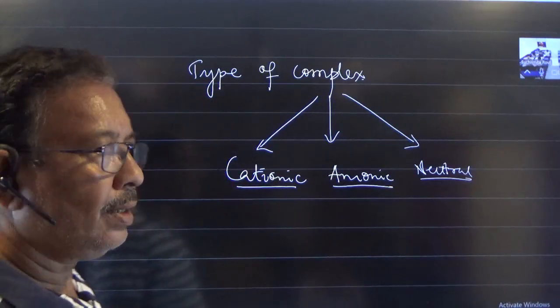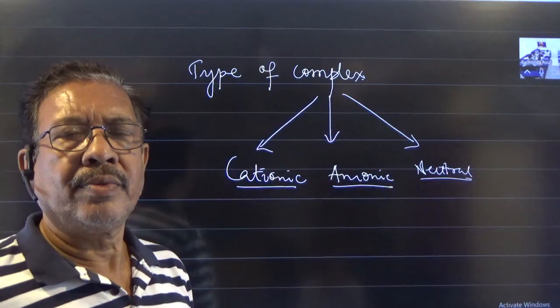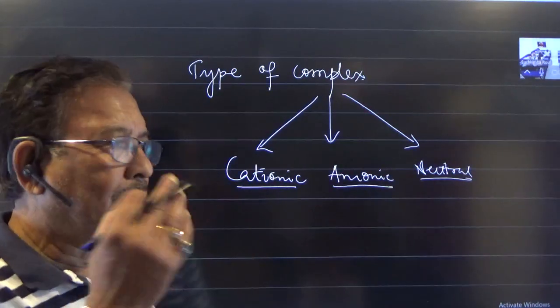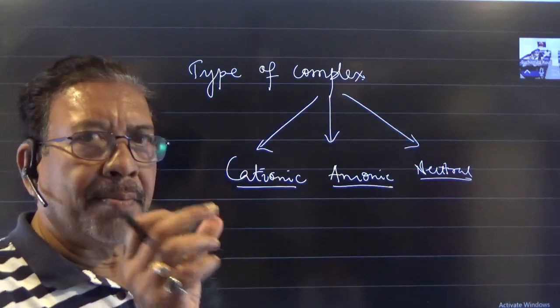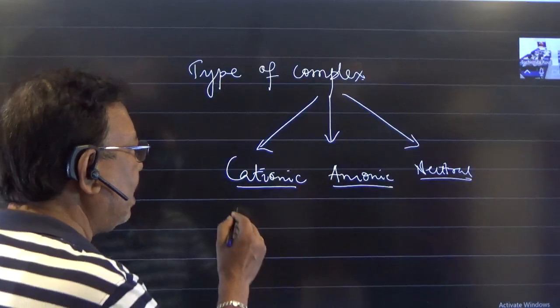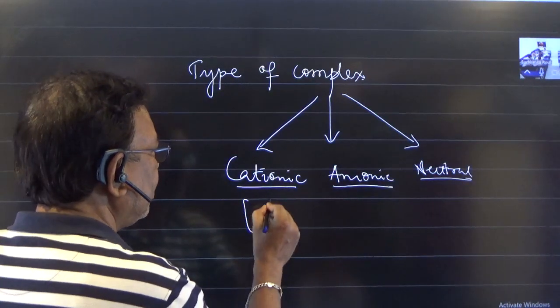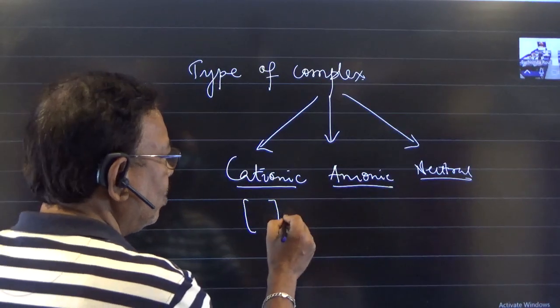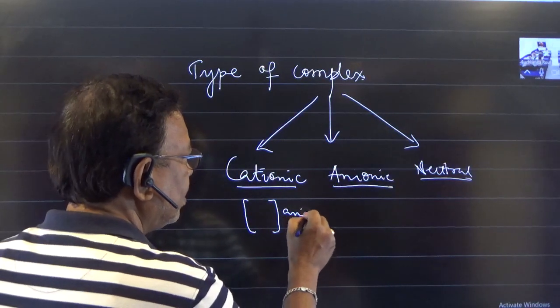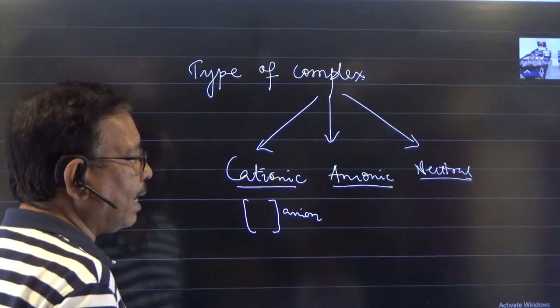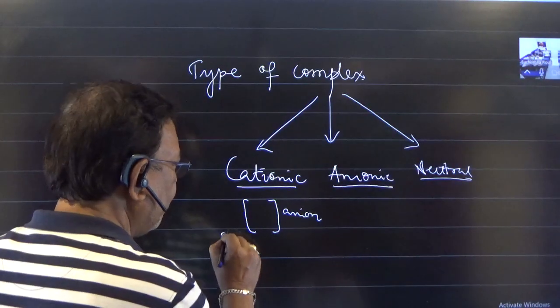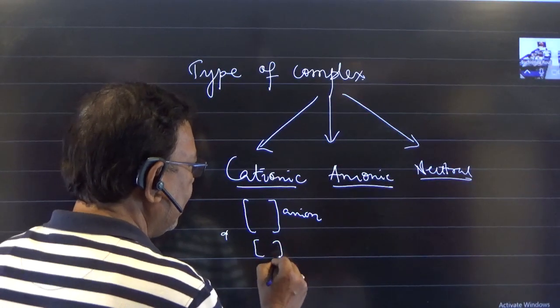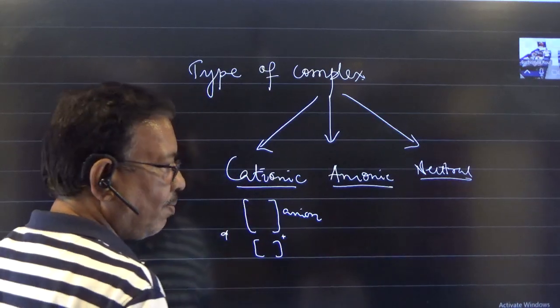First you understand, then you write. Cationic complex: if the complex part, meaning the square bracket part, acts as your cation, with a simple anion, this is called a cationic complex, a cation having positive charge.